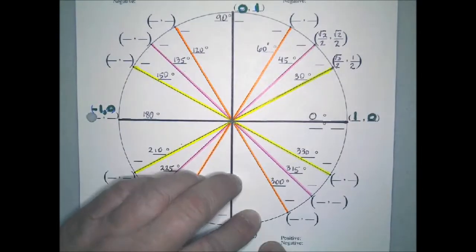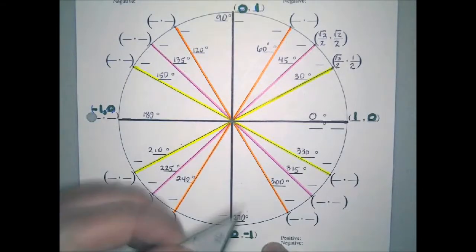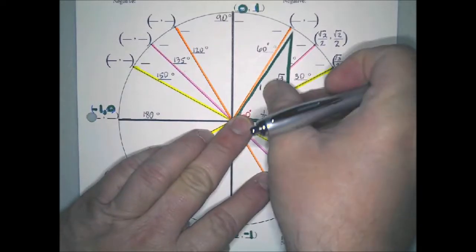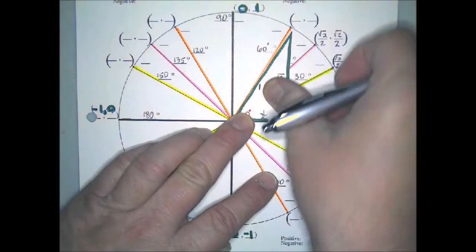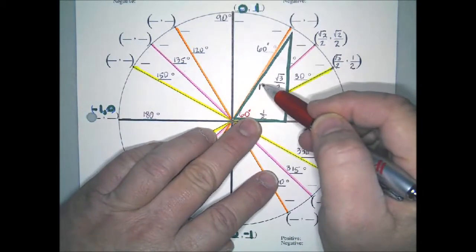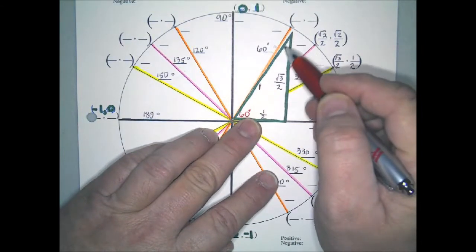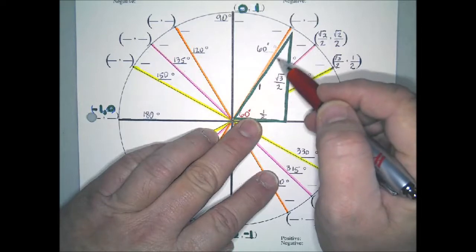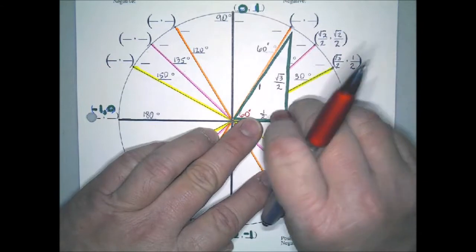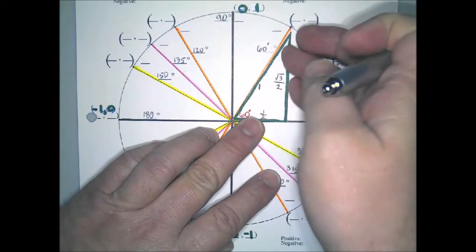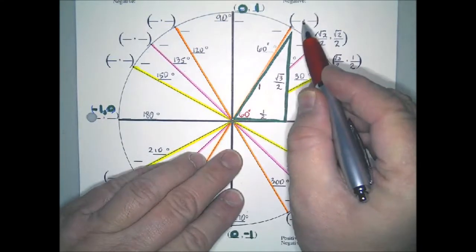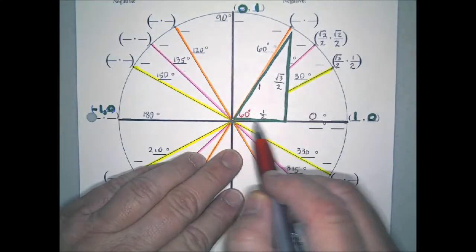Now comes the 60-degree angle. So we're going to overlay that 60-degree triangle in the unit circle. And again, it's the radius that has a measurement of 1. So what is that point right there? I'm trying to get it to line up. There we go. So in order to get to that point right there, you have to go over 1/2.